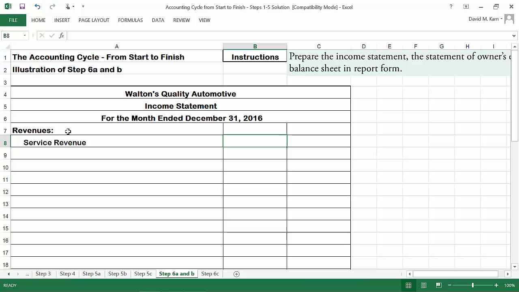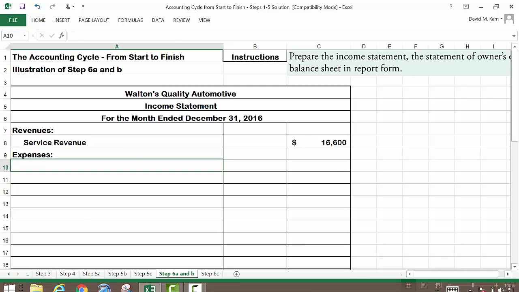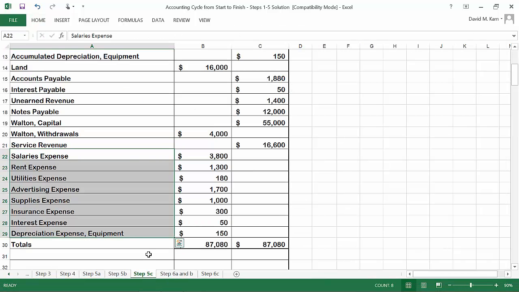All right, so because we only have one revenue account, we'll just go ahead and put the $16,600 over here. That's total revenues. And then we can get right into our expenses. Now, our expenses here, let's go ahead and bold that category. Okay, so we just go back, and I'm just going to make this real simple.